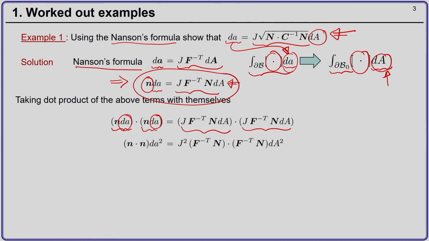Here you can take d capital A square outside. So, you have J square F inverse transpose N dot F inverse transpose N. Because the spatial normal n is a unit vector, n dot n will be equal to 1.